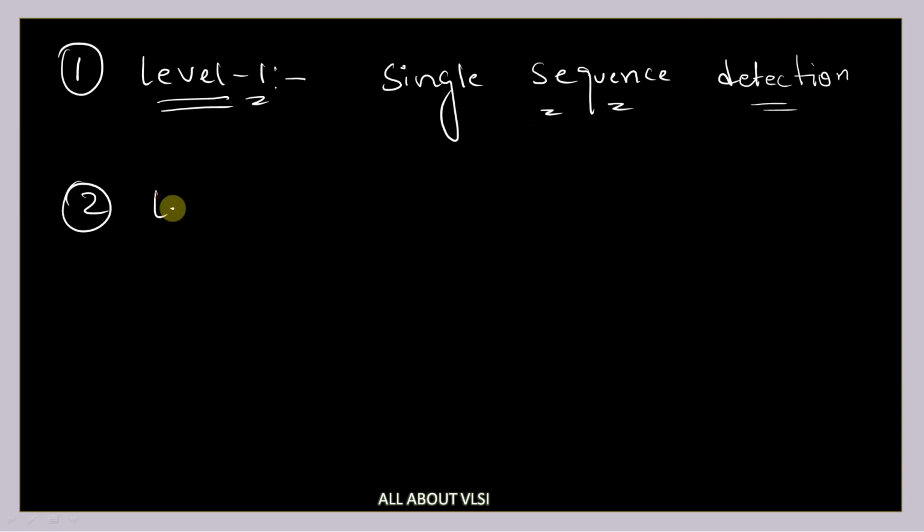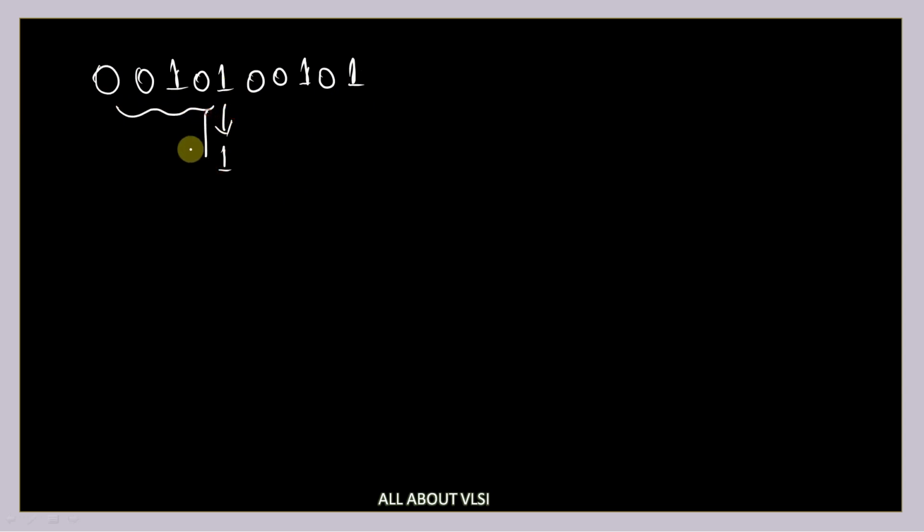Next, coming to level 2. If you carefully observe, when we were discussing about the sequence 00101, when we were detecting this sequence, we are making our output 1. Up to here our output is equal to 0, and here again, after the sequence has been detected, we are making our output 0 immediately.